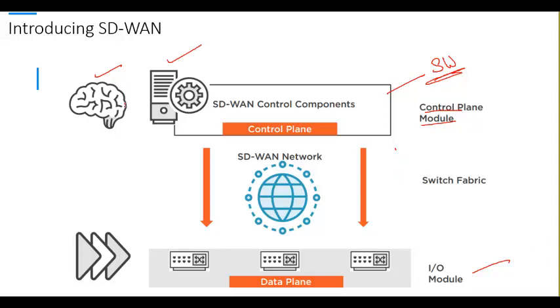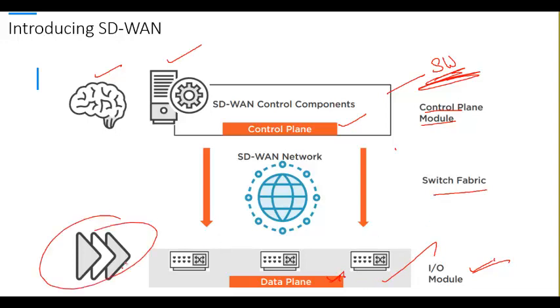So SD-WAN is like using the internet as a switch fabric and having vEdges as a data plane and having some pieces of software as a control plane. The control plane decides the path selection here in the IO module, and the data plane plays as per what the control plane has dictated.